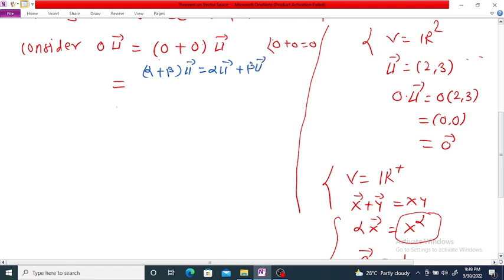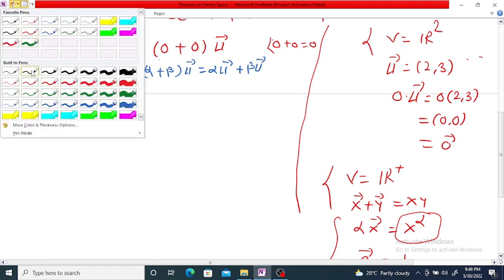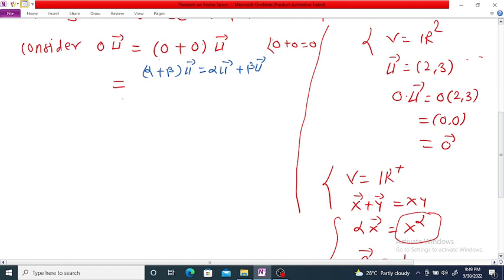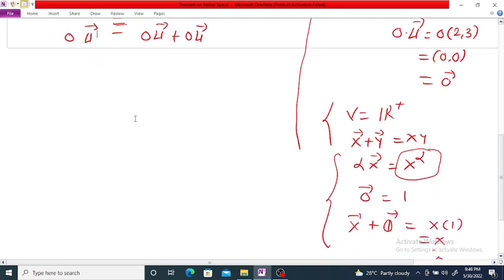by using this property, say M2, we can write this as 0 into u bar plus 0 into u bar. On the left hand side, it is 0 into u bar.